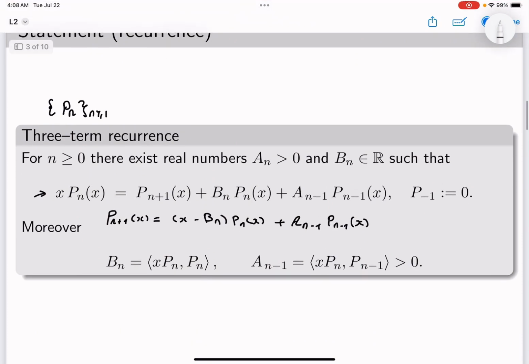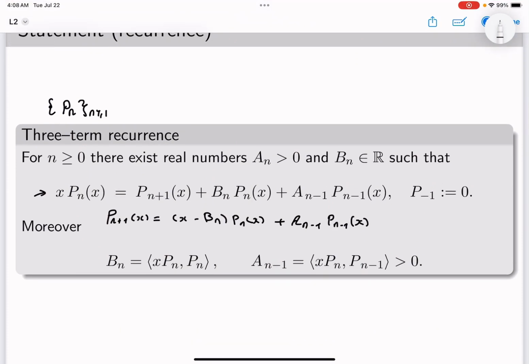So, we spoke of Chebyshev polynomials. In fact, Chebyshev polynomials satisfy the following relation: x T_n(x) is equal to half T_{n+1}(x) plus 0 times T_n(x) plus half times T_{n-1}(x).